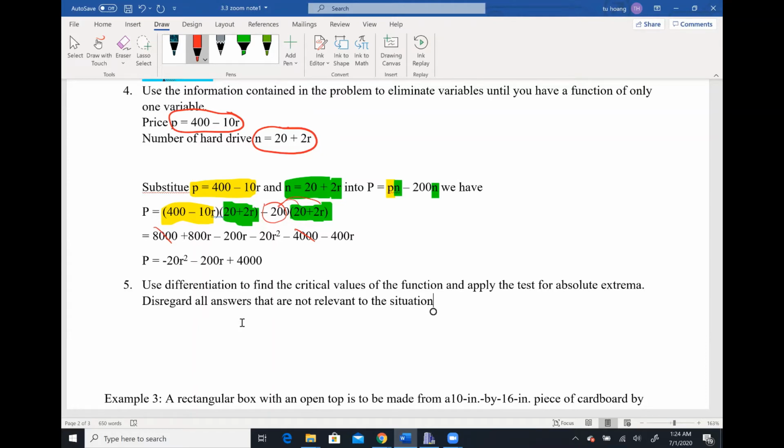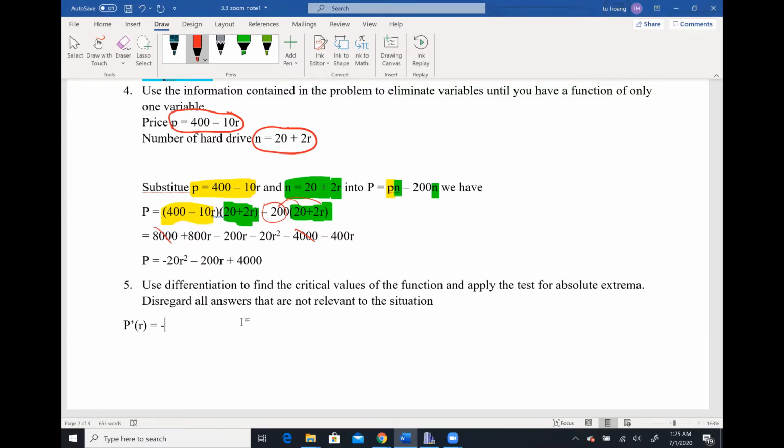So P derivative with respect to R will be equal to negative 40R. You put down 2, right? And minus 200.